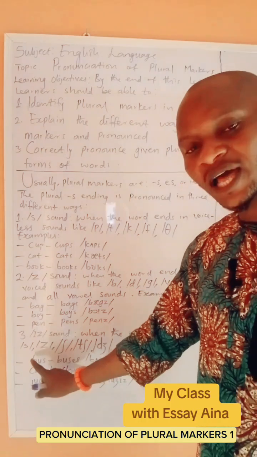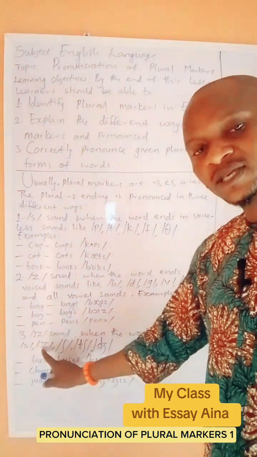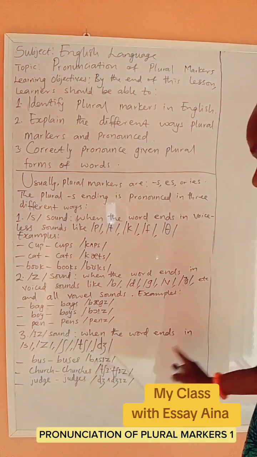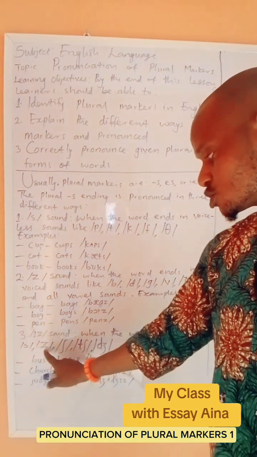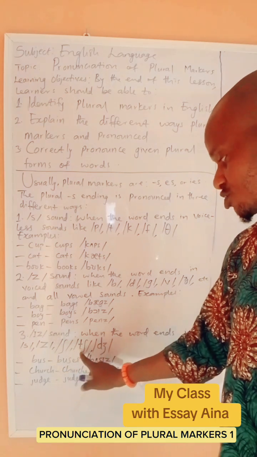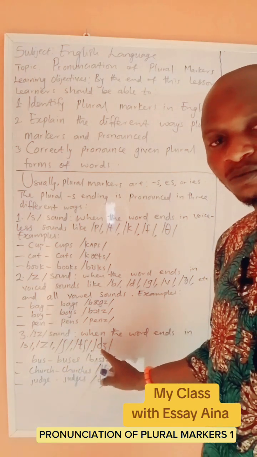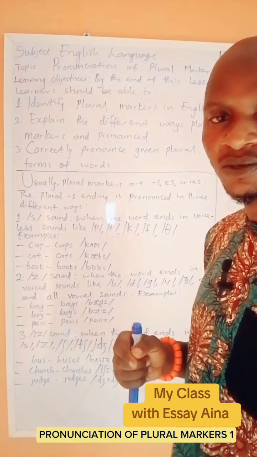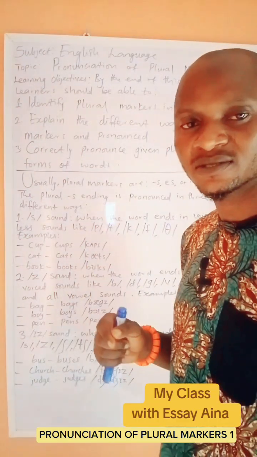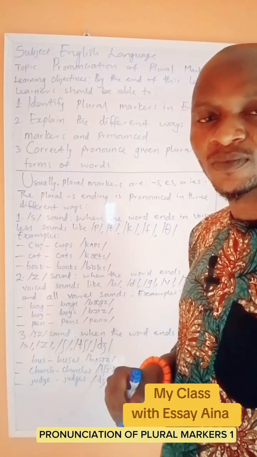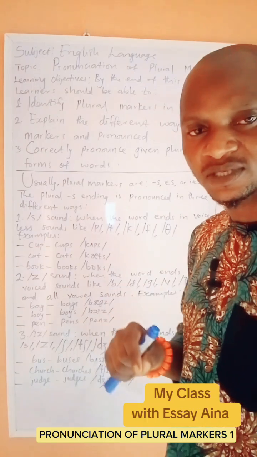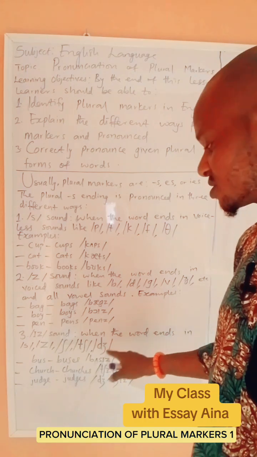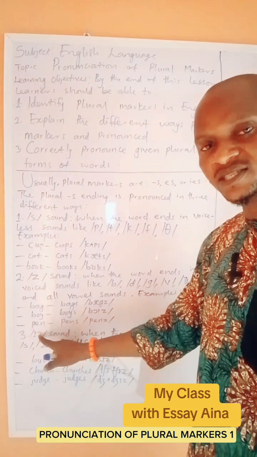So the last one is iz. When the word ends in s, z, sh, ch, j, before adding s or es or ies, when the word ends in any of these, we are going to pronounce it as iz.